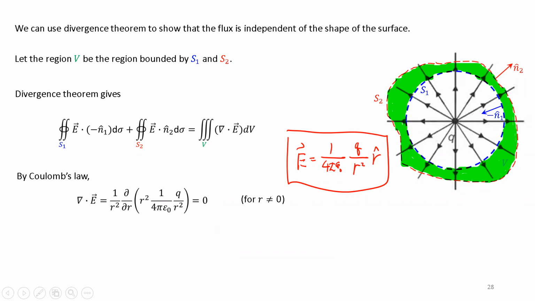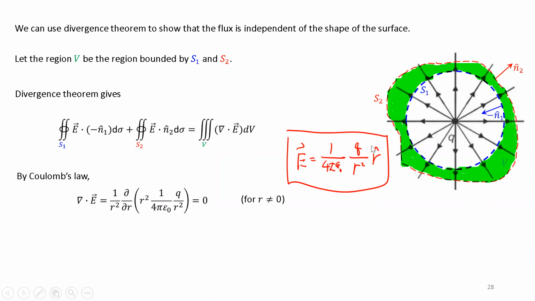We are only considering points that are not at the origin, because we are only considering any point in this green region, which of course is not at the origin. So in any point in this green region, the divergence of E is 0.